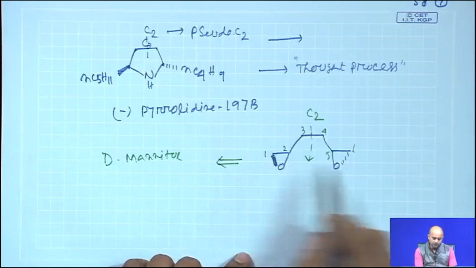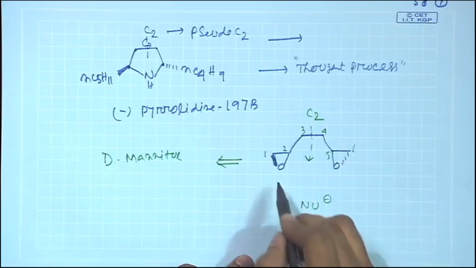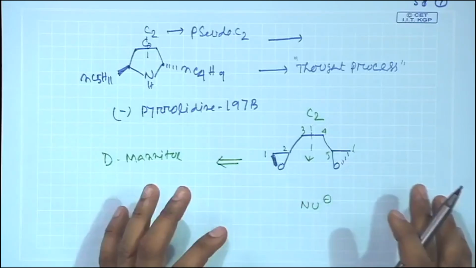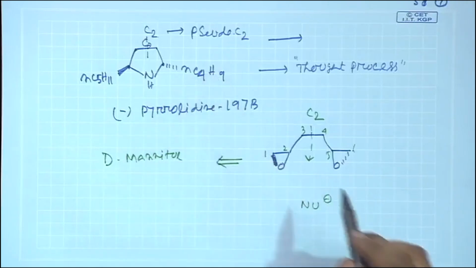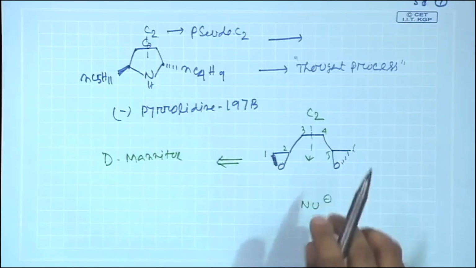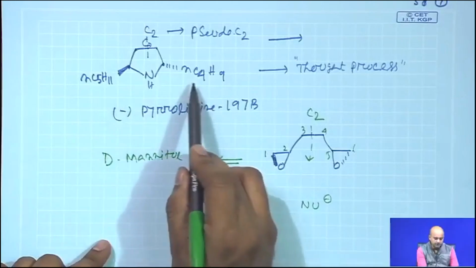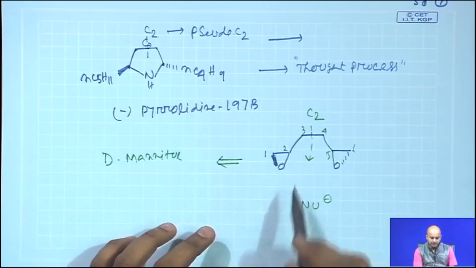As this compound is C2 symmetric, if you use one equivalent of nucleophile, no matter if it attacks here or here, it will give the same compound. So, for a pseudo C2 molecule it is always advisable to start with a perfect C2 symmetry and then take the help of the homotopicity. Now, depending on this C5H11, C4H9, you can open the epoxide.